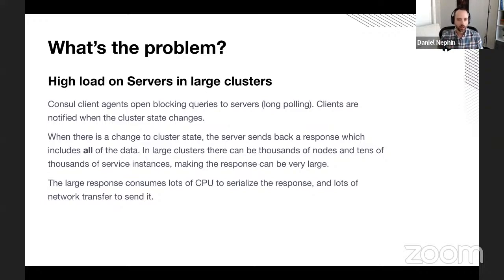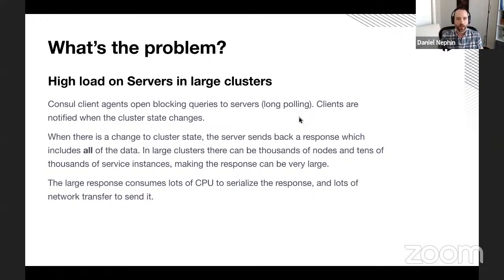And whenever that state does change, the server has to send back a very large response. For example, in a large cluster, there may be thousands of nodes and tens of thousands of service instances. Every service may have thousands of instances.